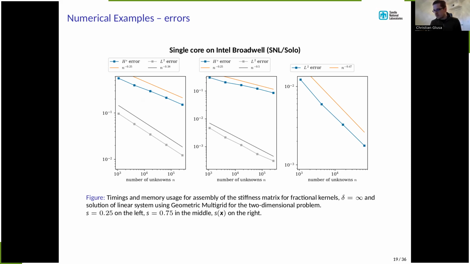And we can scale this out. These are all examples that run on a cluster that we have at Sandia. These are single core examples. And we can scale this out to something like 100,000 or a couple of 100,000 unknowns. And all of these examples used geometric multigrid. Next slide, please.